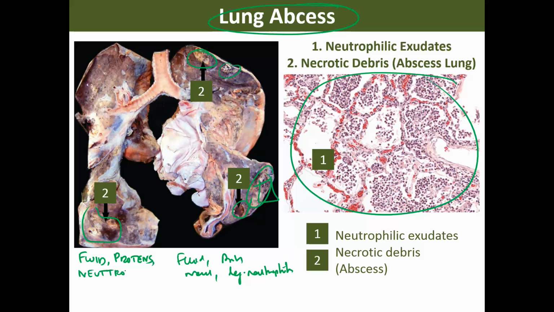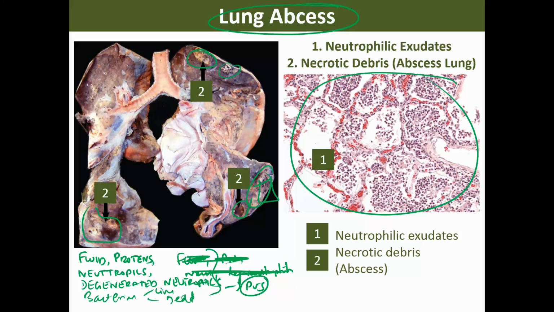The neutrophils come and take the bacteria and they also die, so there are degenerated neutrophils, and the bacteria, which may be live or dead. So this is the pus. Too much pus collection is called abscess.